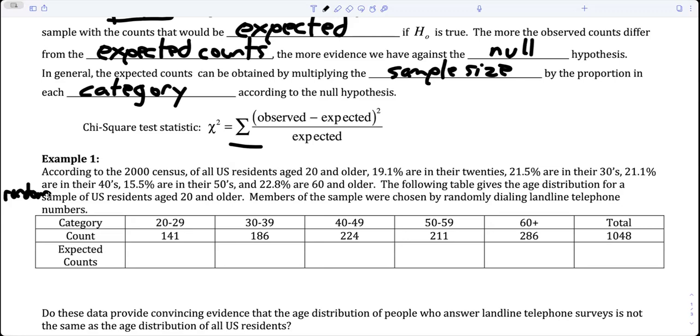Okay, so we have the different categories and the counts. Those are the observed counts. We need to get the expected counts. So take your calculator and multiply the total by the respective percentages: 19.1% in their 20s multiplied times 1048.